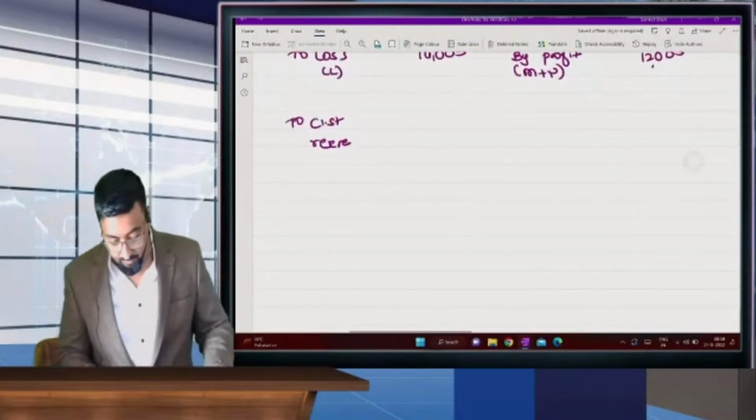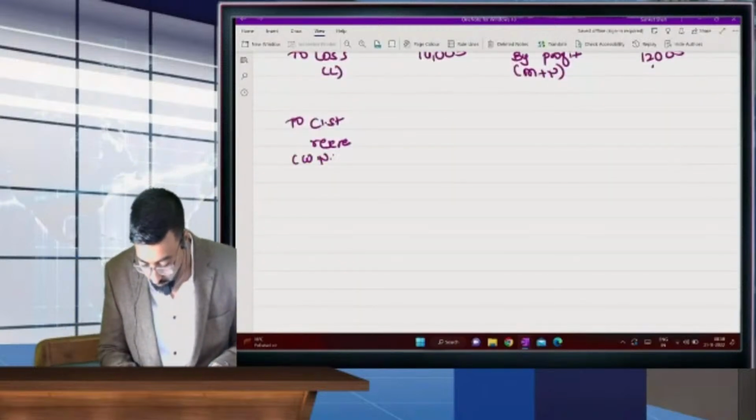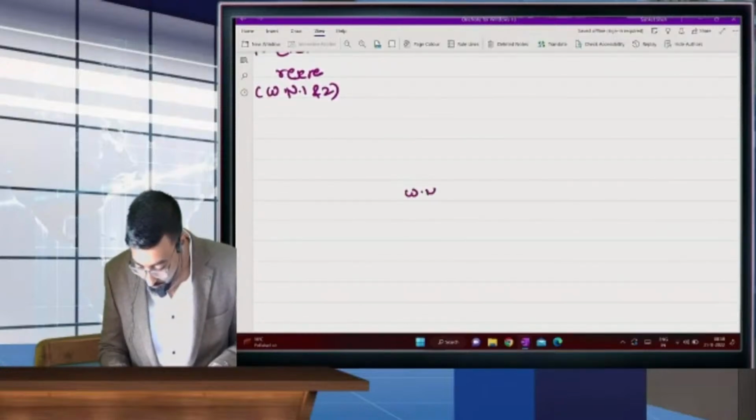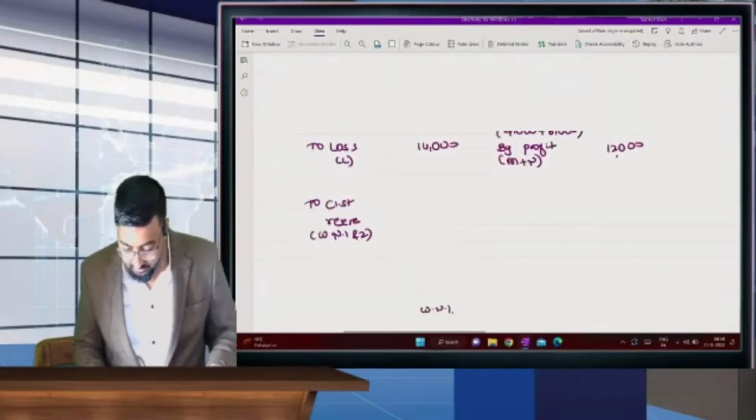See, for this, working notes 1 and 2. Now prepare after 5 lines.